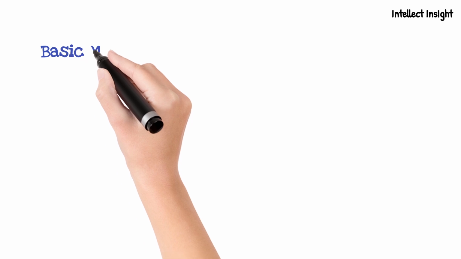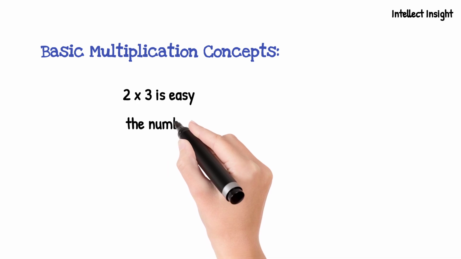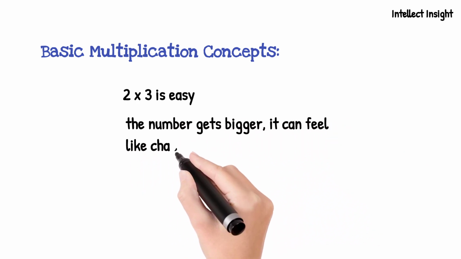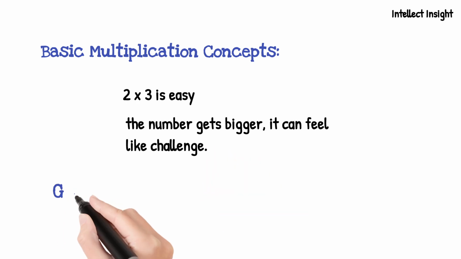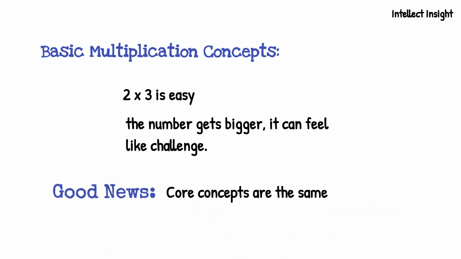Let's first quickly refresh some basic multiplication concepts. You probably already know that multiplying small numbers like 2 multiplied by 3 is easy. But when the numbers get bigger, it can feel like a challenge. The good news is the core concepts are the same, and we will build on those. Here is an example.